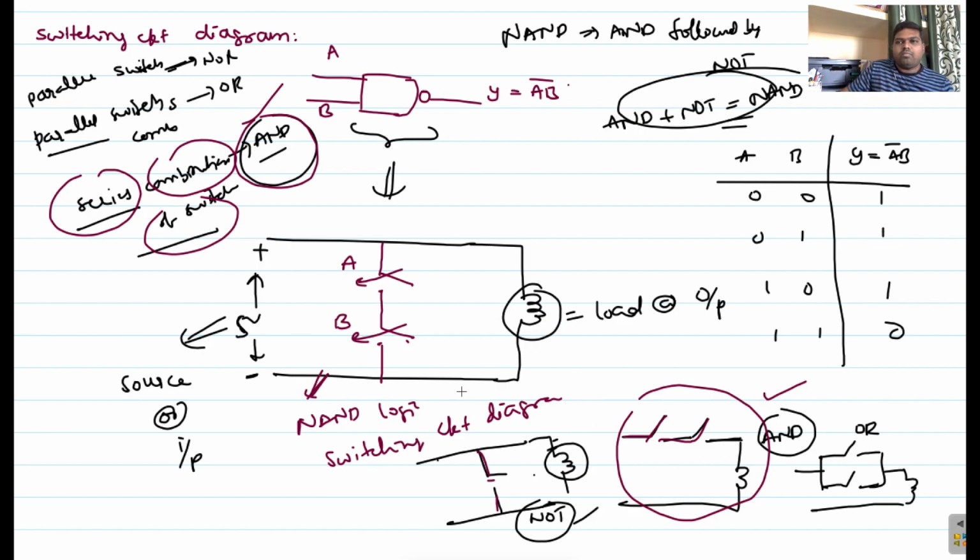And next we can move on to the second gate, that is the NOR gate, which is also similar to this NAND implementation, right? So the NOR gate is nothing but an OR gate followed by NOT logic. So the second one here is NOR logic, otherwise the NOR gate.